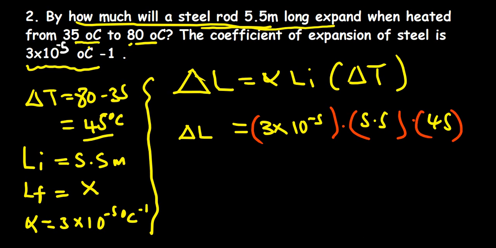To find the answer, you simply multiply those numbers on your calculator. We have 5.5 multiplied by 45, and then multiplied by 3 multiplied by 10 to the power minus 5. My scientific calculator is giving me 0.07425, in meters.